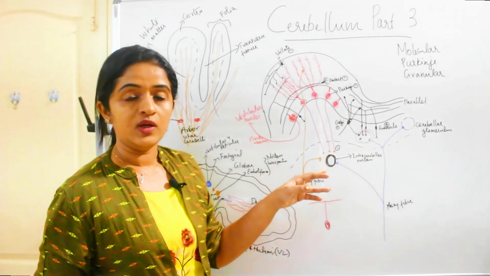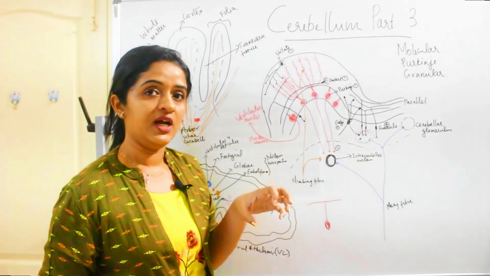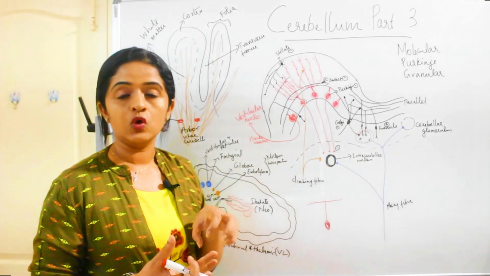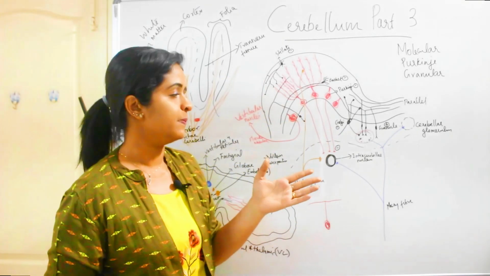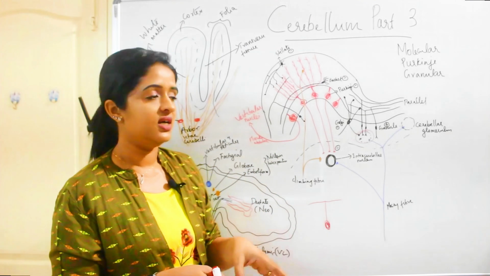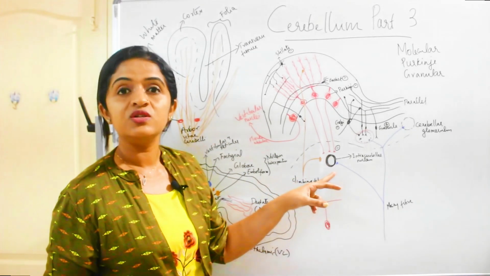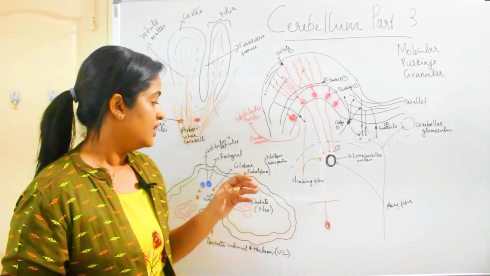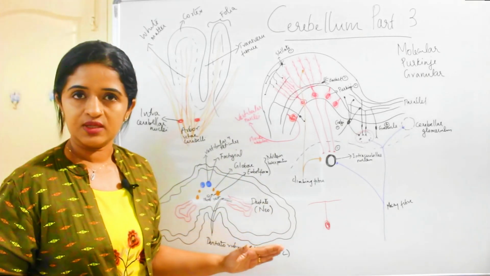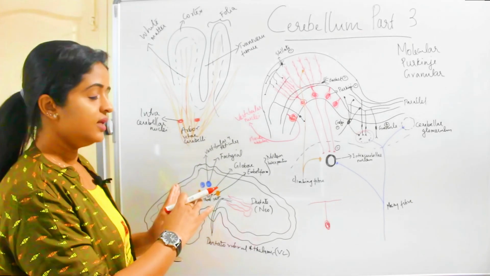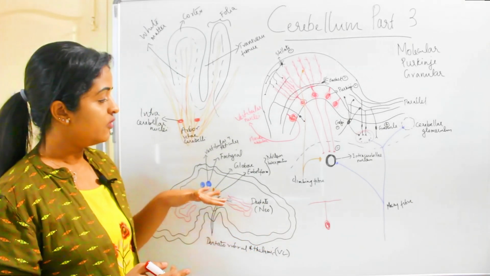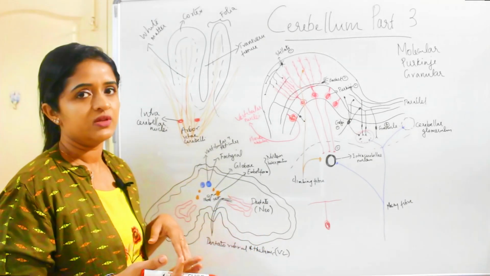Now we are moving on to the intracerebellar nuclei, which are seated in the core of the white matter. Till now we discussed the grey matter, the periphery of the cerebellum. Now we are moving on to the interior, where you will get the intracerebellar nuclei. This is a cut section of the cerebellum, and if we consider this as the midline, on either side of the midline you have four sets of nuclei, so 4 pairs of nuclei.